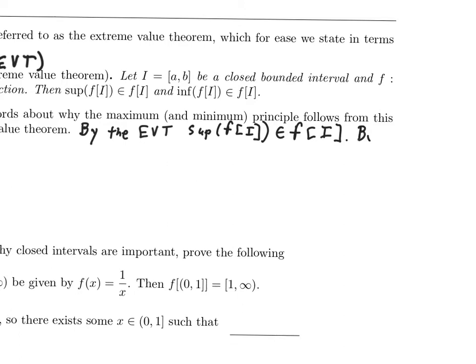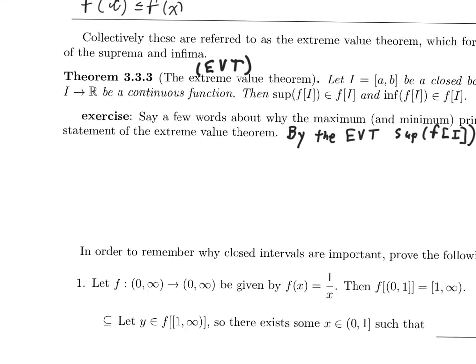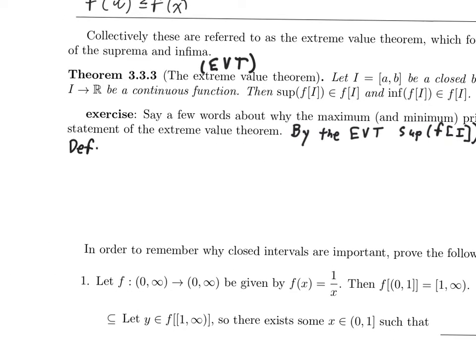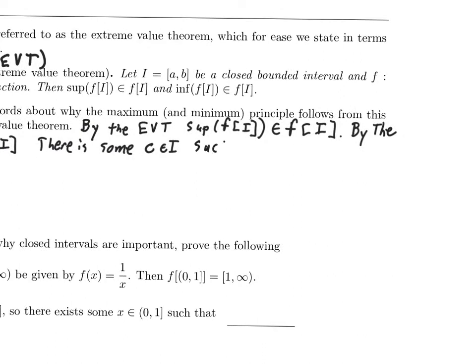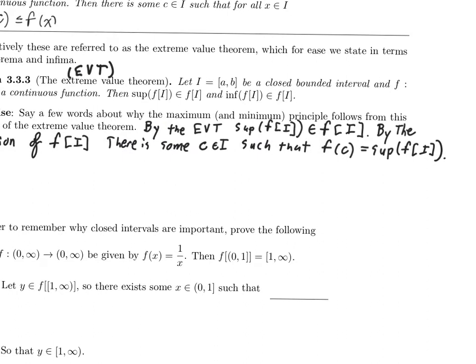So by the definition of f of I, there is some c in I such that f of c is equal to this number, the supremum of f of I. That was because this is an element of f of I.